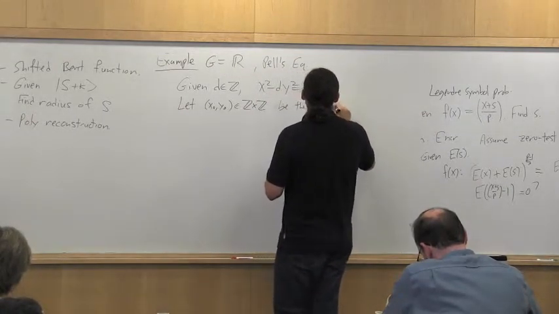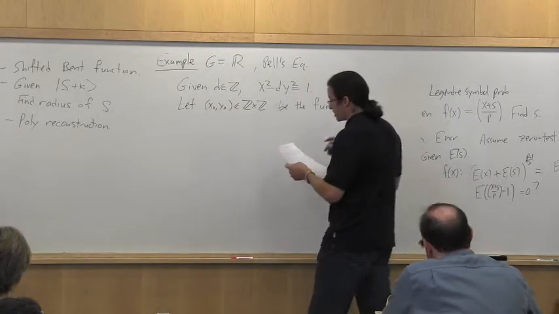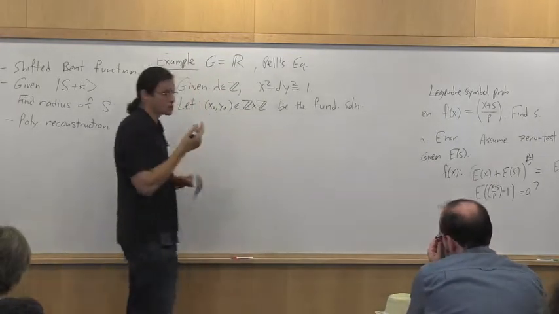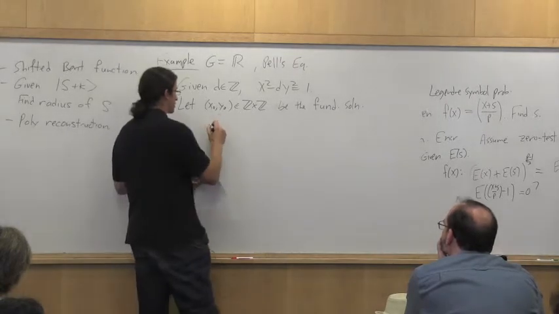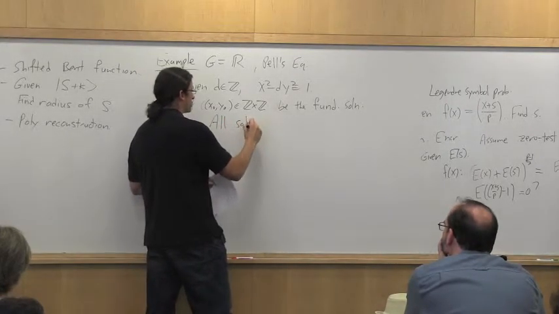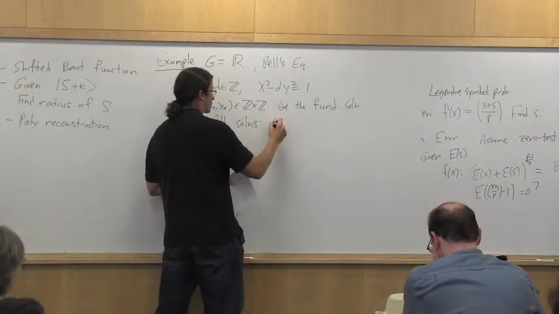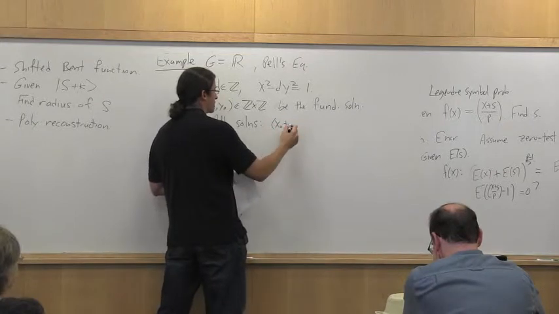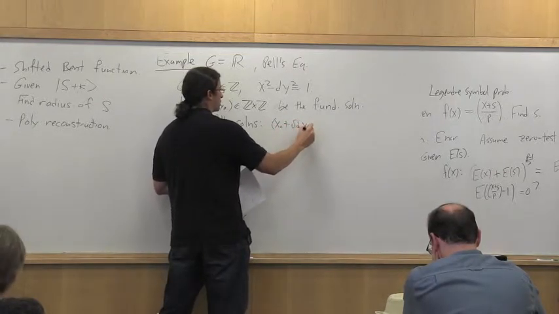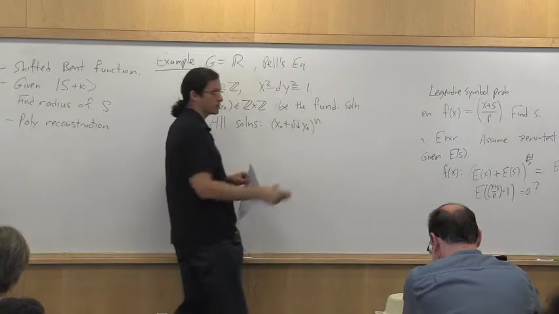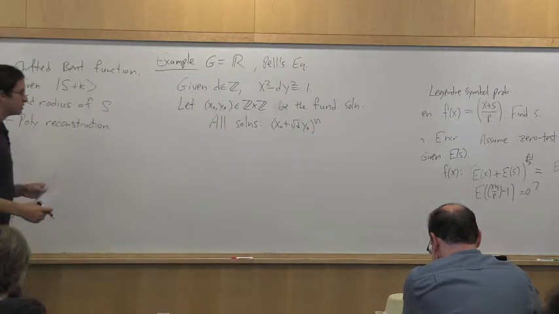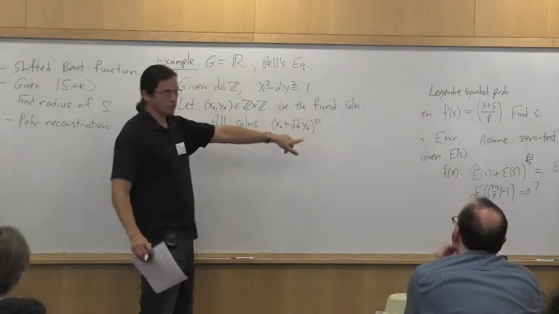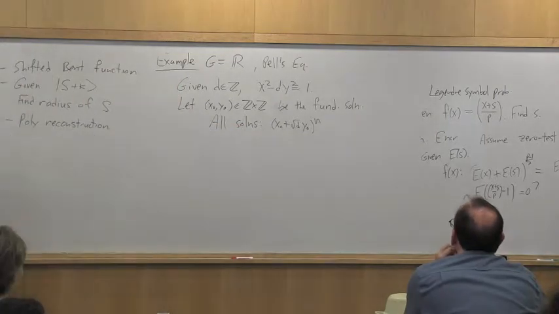And the fundamental solution has the property that you can compute all solutions from that one. So all solutions can be computed by looking at the fundamental solution, x naught plus square root d times y naught, and then raising it to the nth power. So as you take different powers n, you get a number of the same form, and then you can read off what the nth x_n and y_n are from that.